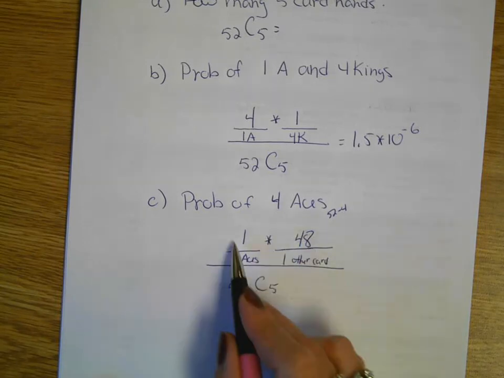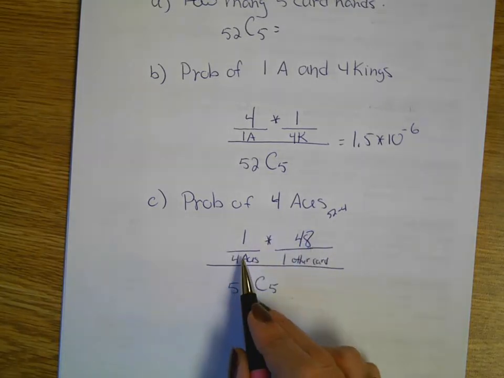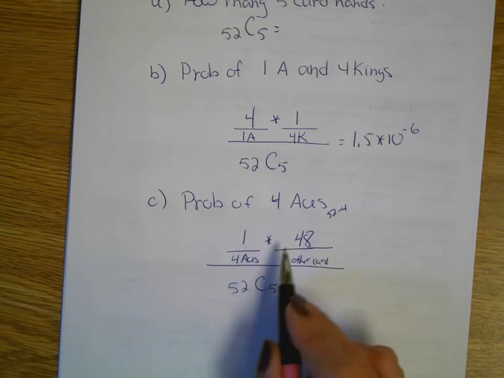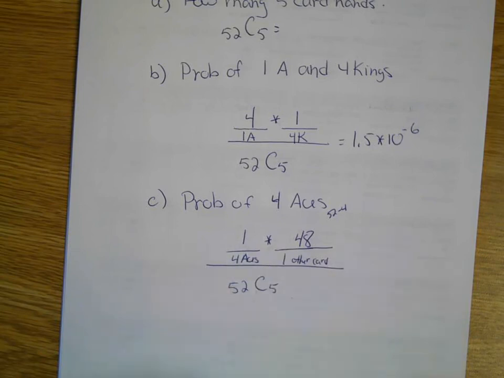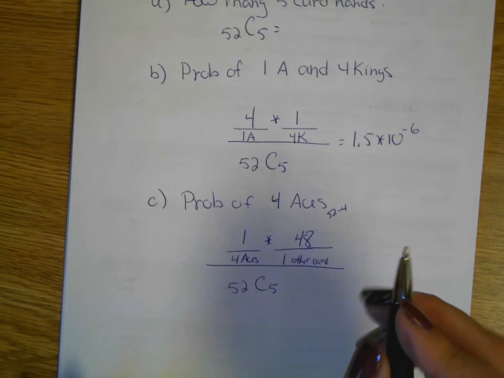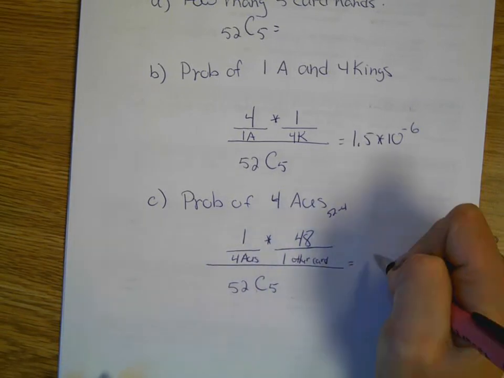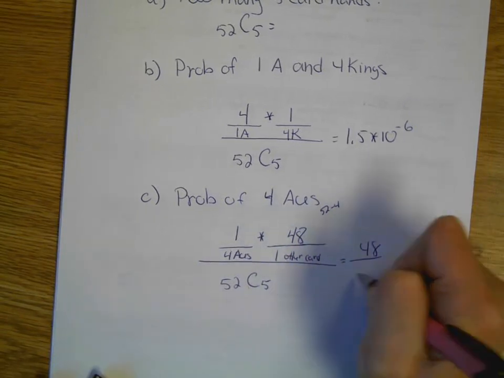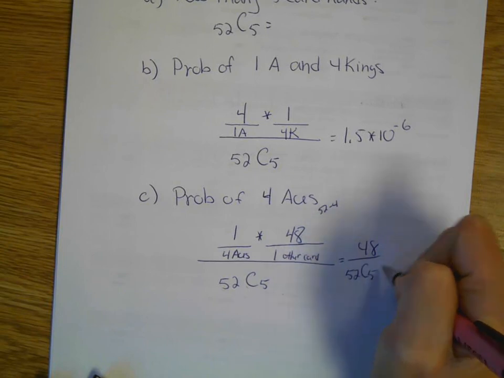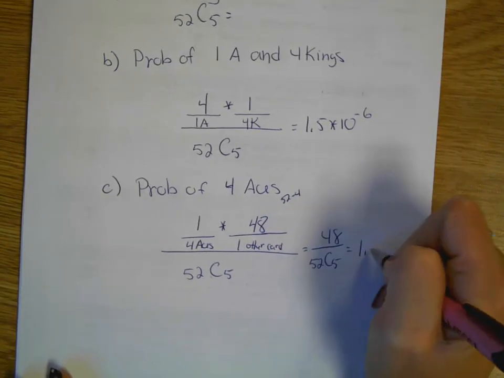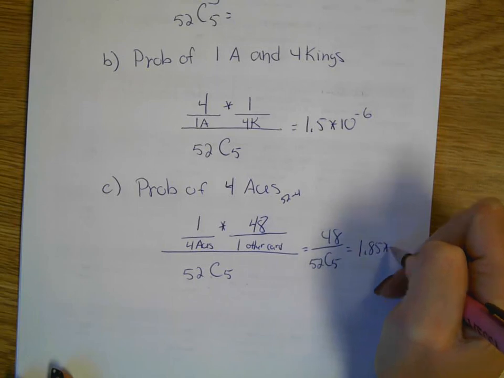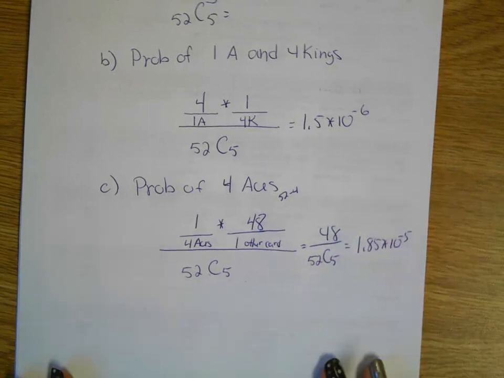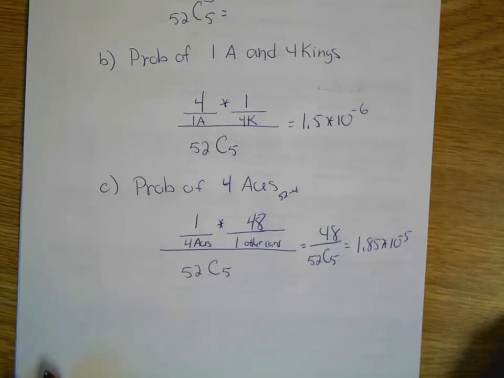So there are 48 hands that will have 4 aces. So it's 48 divided by 52C5, which comes out 1.85 times 10 to the negative 5th. Okay, that's it.